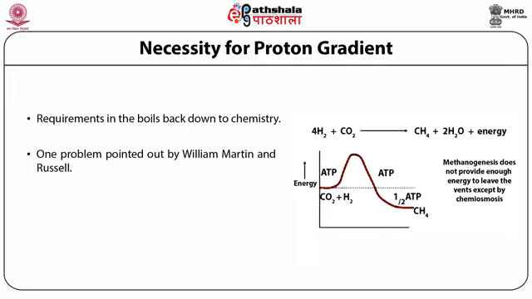Cells need the equivalent of a spark to get carbon dioxide to react, and for cells, that spark is ATP. The problem is that the reaction of carbon dioxide with hydrogen releases energy, but not a lot, only enough to make 1 ATP.